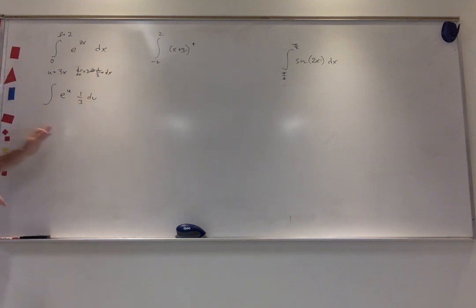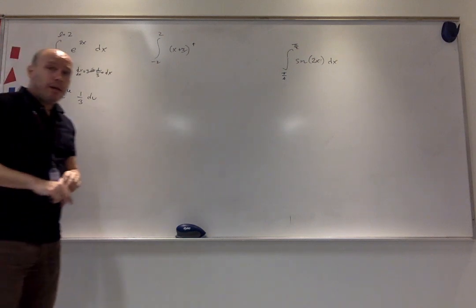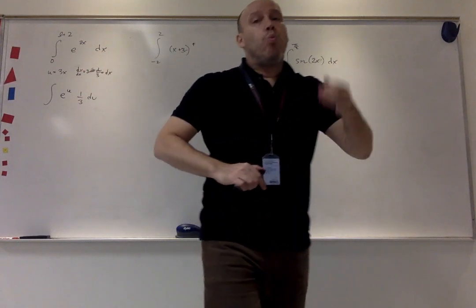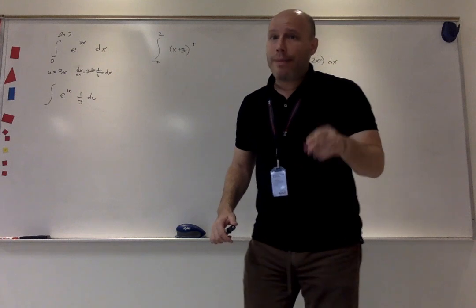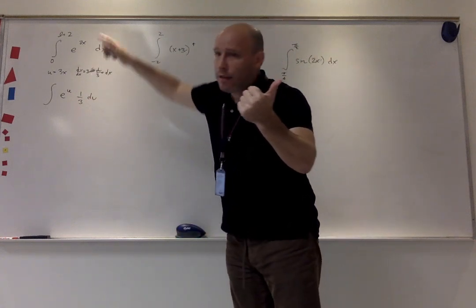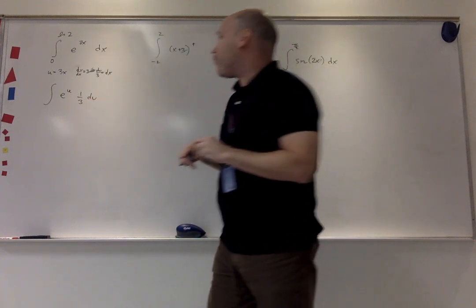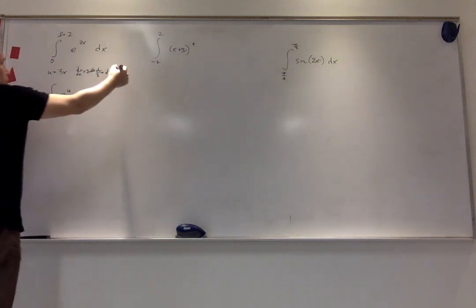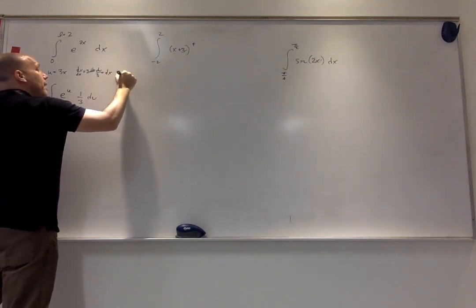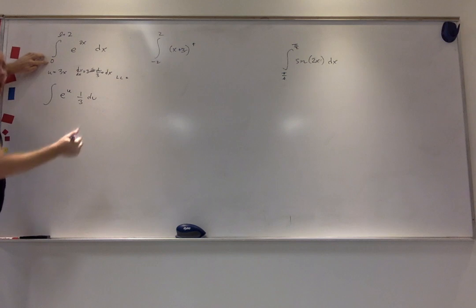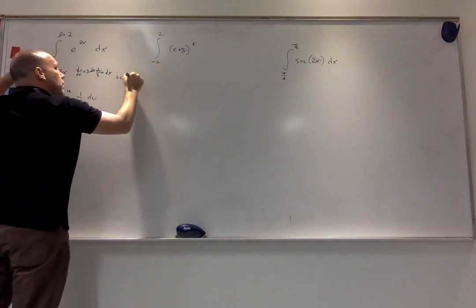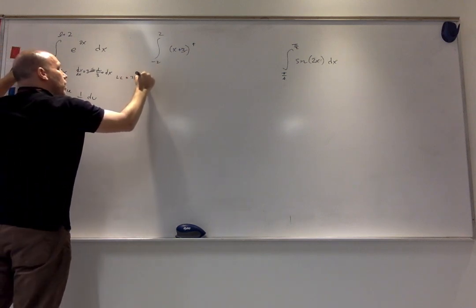Now, often kids are tempted to put 0 and ln of 2, but once again, we are in the world of u. So that means the 0 and the ln of 2 also have to get transformed. How did I transform my x values? My lower limit is 3 times 0, which is 0.